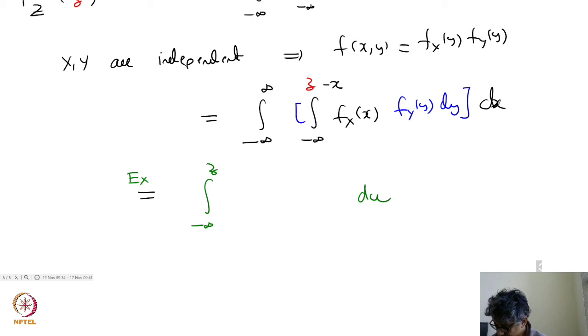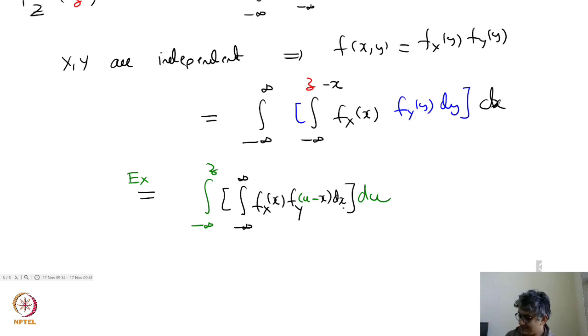I switch the x and the y, so inside I get minus infinity to infinity, f sub X at the point x, and f sub Y at the point u minus x, dx. That's just a change of variable idea. Just have to do a simple calculation.